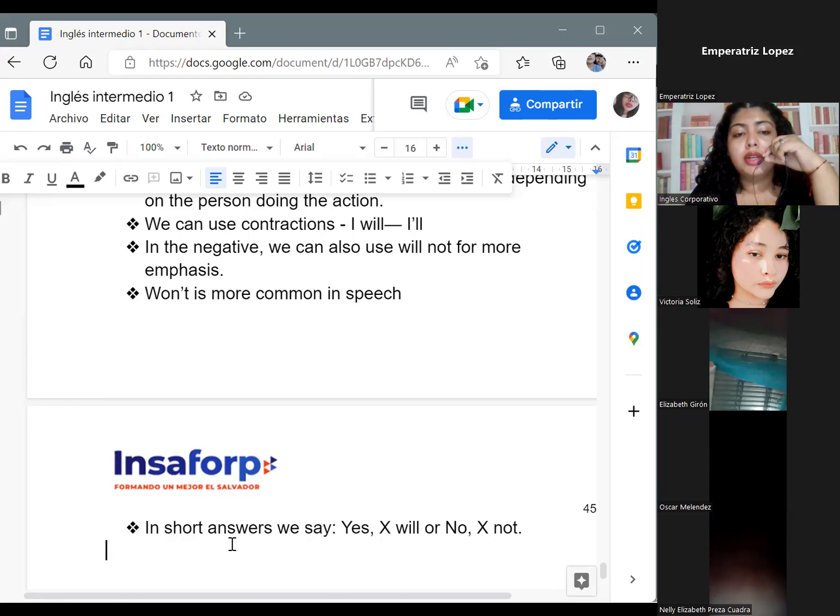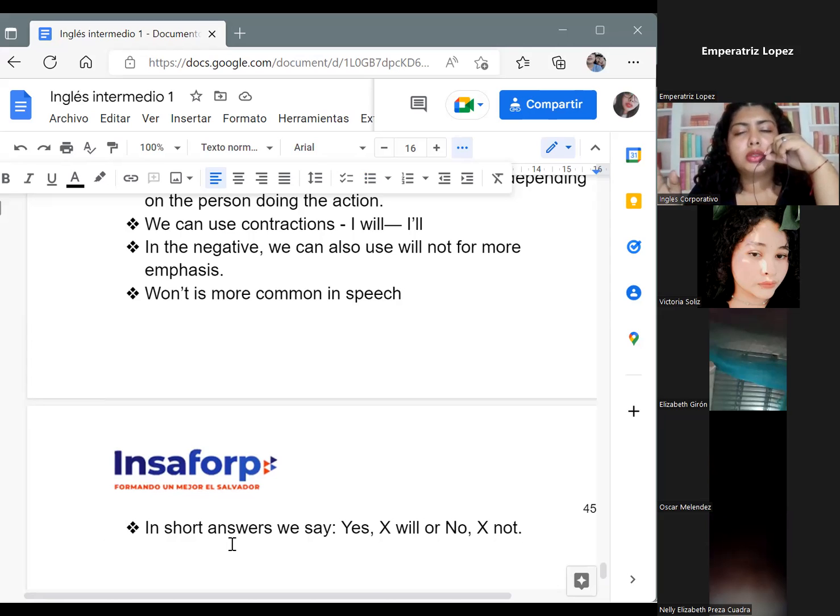Ya sabemos que para contestar tenemos que agregar la estructura que estamos utilizando. En este caso, como estamos utilizando el will, vamos a decir yes, I will, yes, he will, yes, she will. Es para hacer como el matching de la estructura que estamos utilizando.